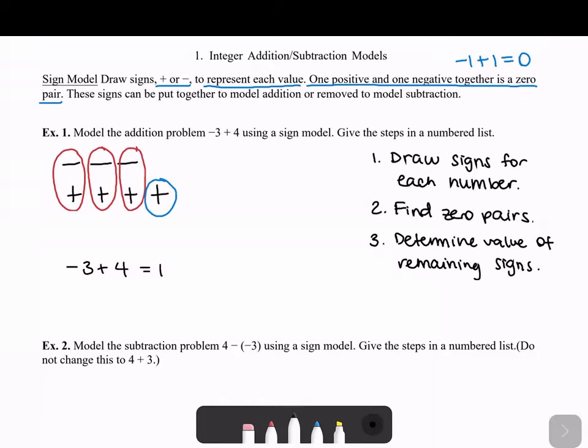Okay, and so when we do this, we all know that because of the commutative property of addition, this problem is really the same thing as 4 plus -3. And we all know that this is just the same thing as 4 minus 3. But that may not come as naturally to students when they're learning this for the first time.